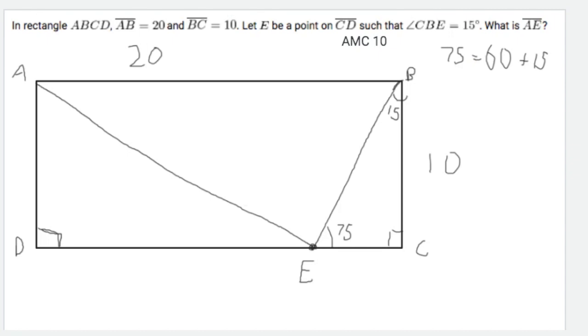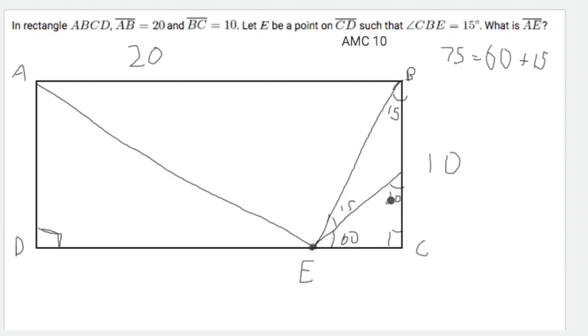Let's do that. Okay, basically pretend this angle is 60 and this angle is 15. And this angle over here is 30.